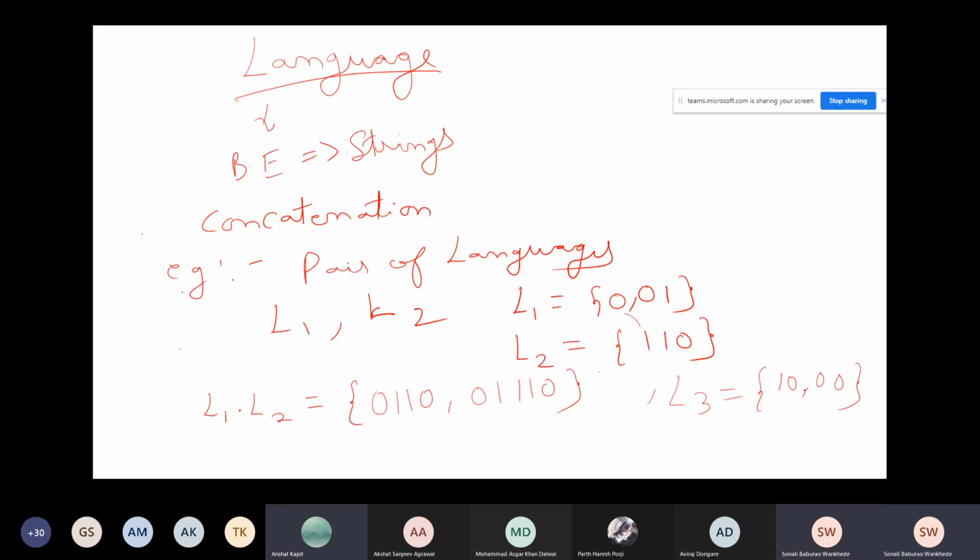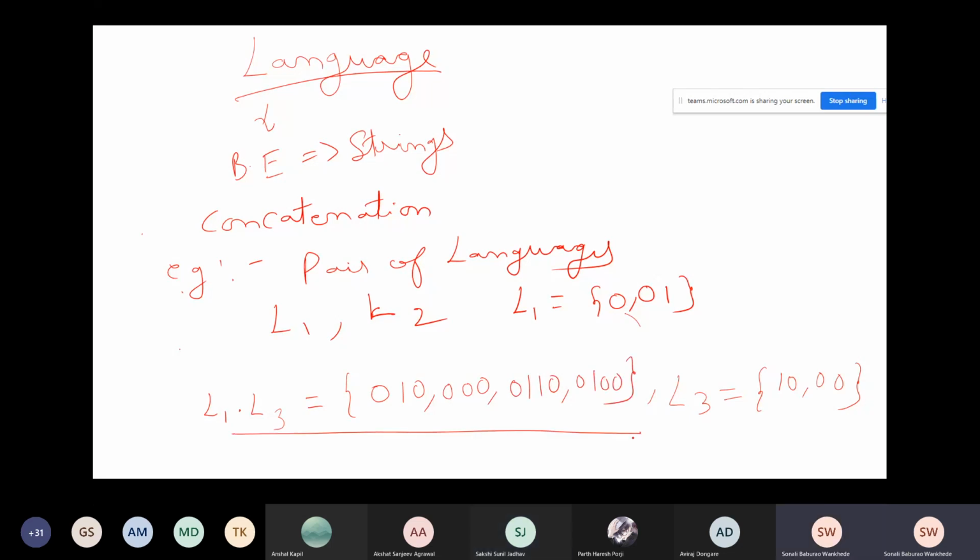Forget about L2 now. I have given you one more set, that is L3. Now you have to perform concatenation of L1 and L3. 01000, and 010, 000, 0110, and 0100. Very good. So this is your final solution.